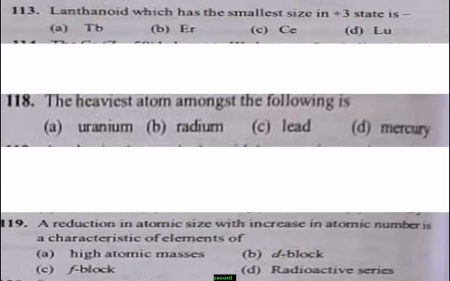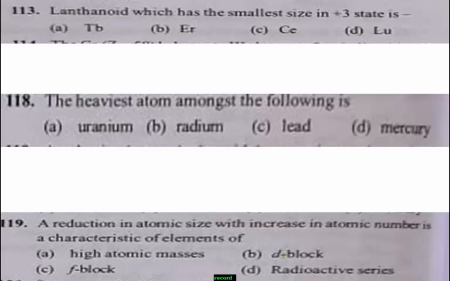Next, question number 113. Lanthanoid which has the smallest size in +3 state is option A Tb, option B Er, option C Ce, option D Lu.